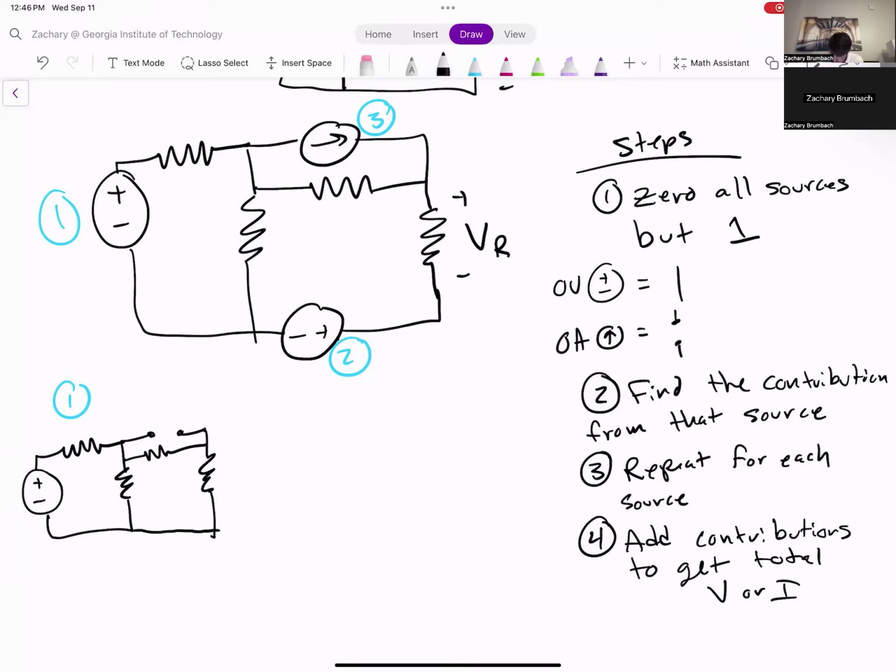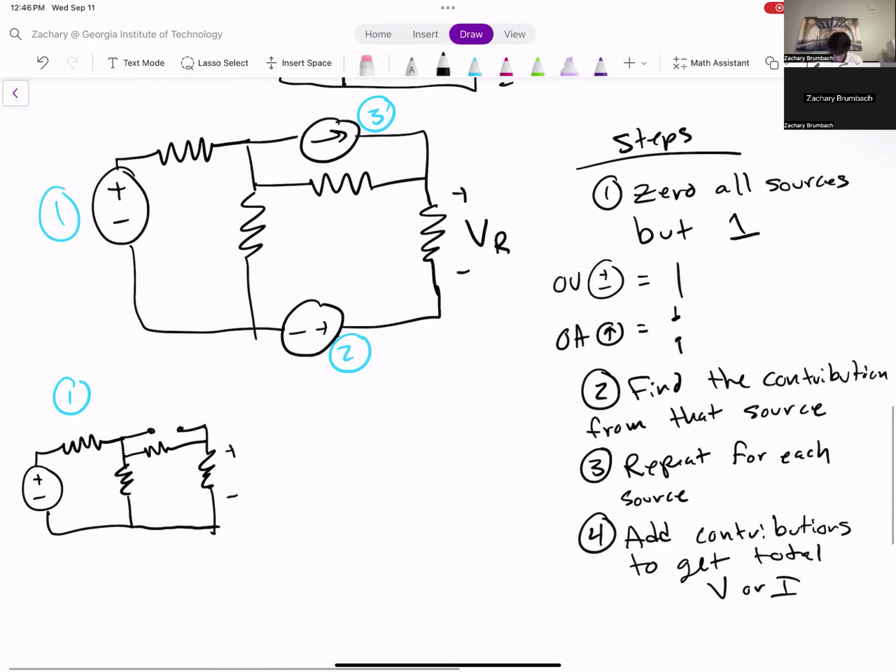And then our voltage source is going to just be a short, okay? You're looking for the voltage across this. So now, a way you've probably seen this a little bit easier is if we draw the circuit like this. Now knowing that the current source is open, something like this, we can pretty easily using some resistance rules, break down and find what VR is due to this one source, okay?